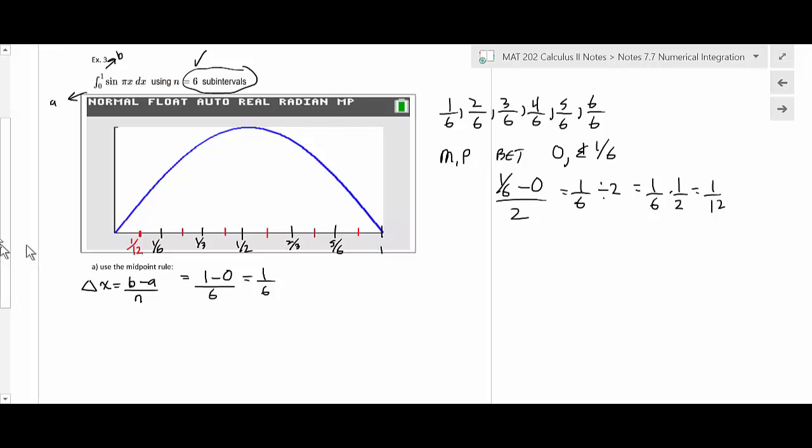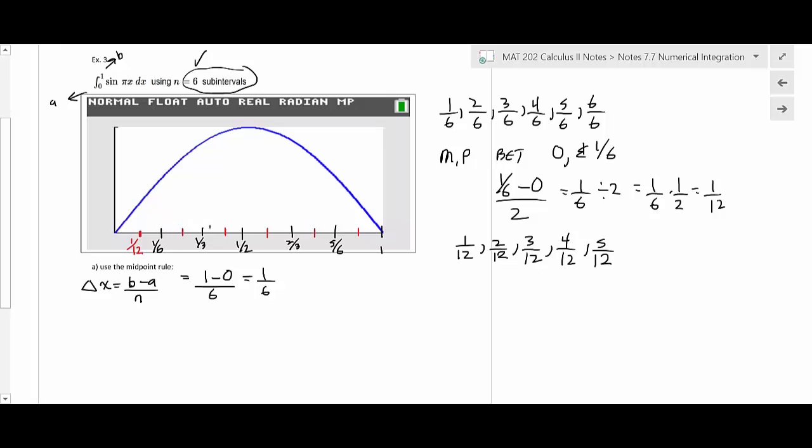Now you don't have to do that over and over again. You don't have to find the midpoint between 1/6 and 1/3. Just count it out. It's easier this way. Just keep counting it out until we get the last midpoint. You'll have a pattern here.